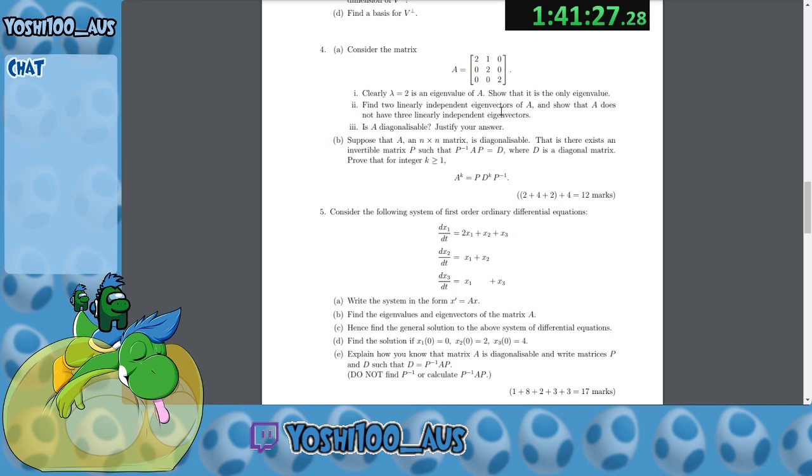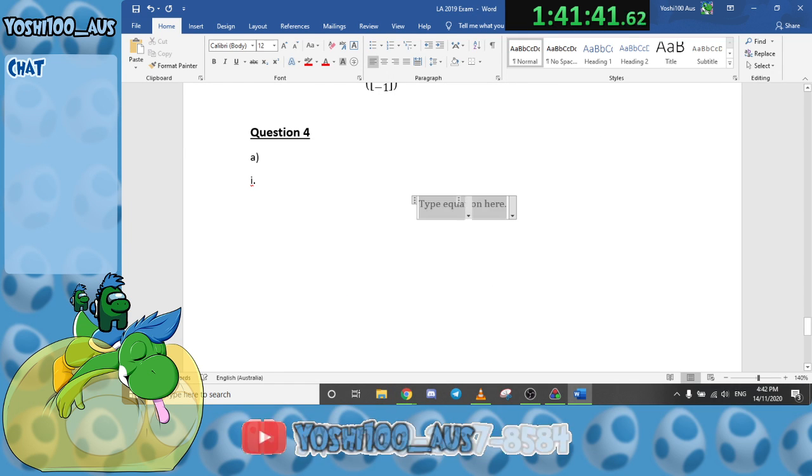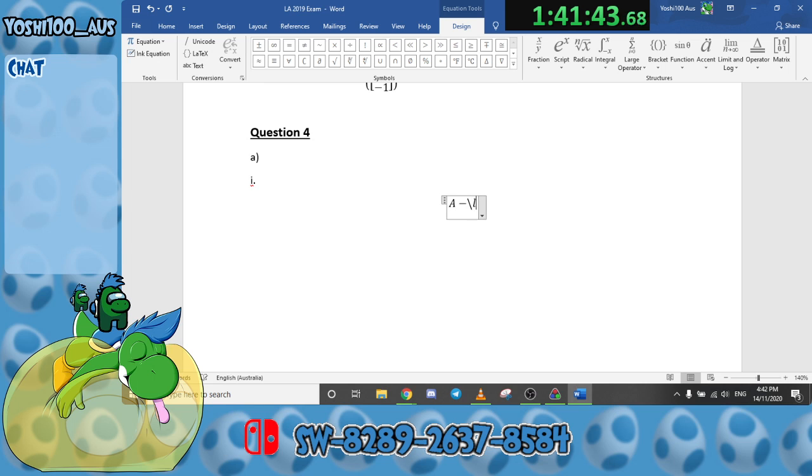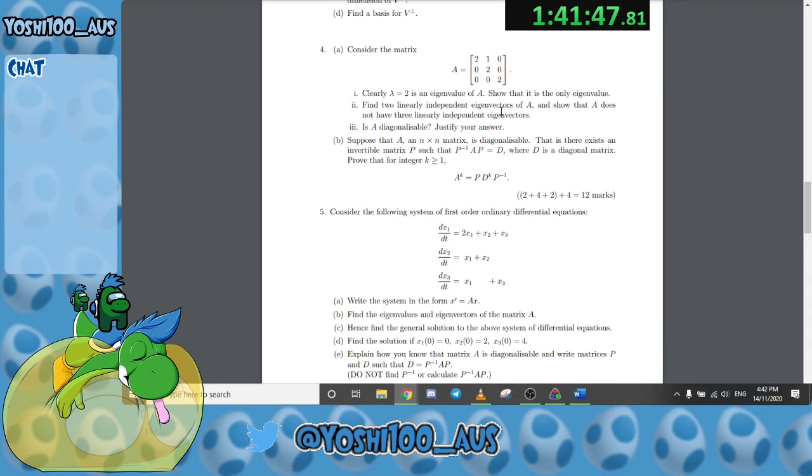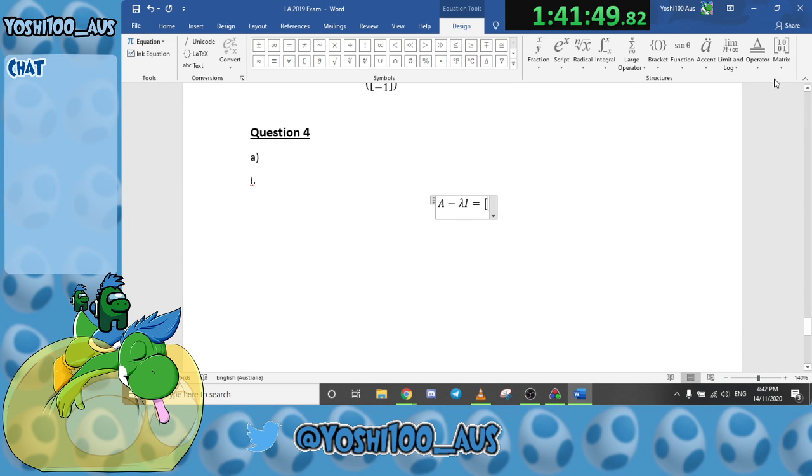You would think it would be 3 marks. Because I figured you can show A take lambda I is... Oh no, it wouldn't be hard. Okay. And then let's get up this matrix.